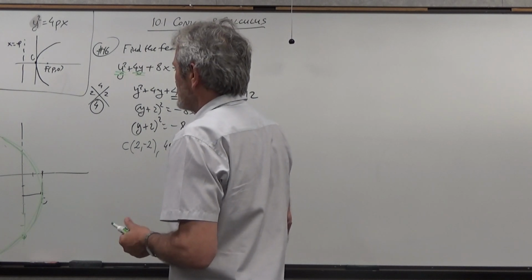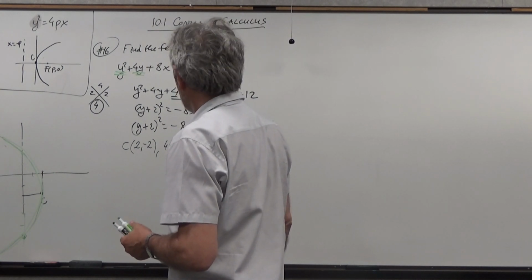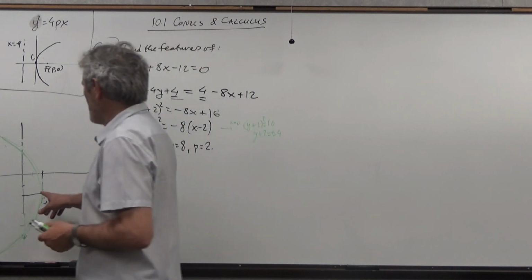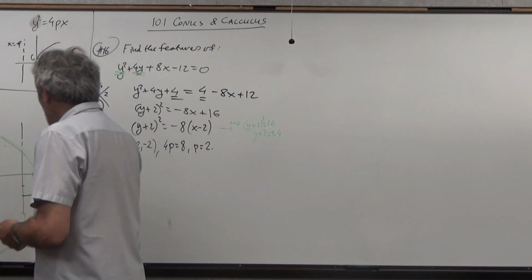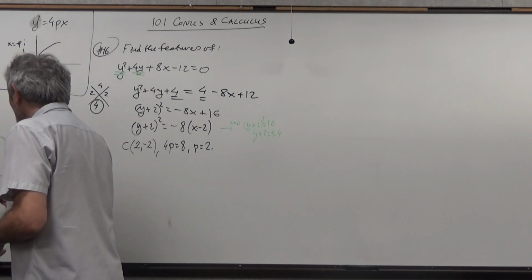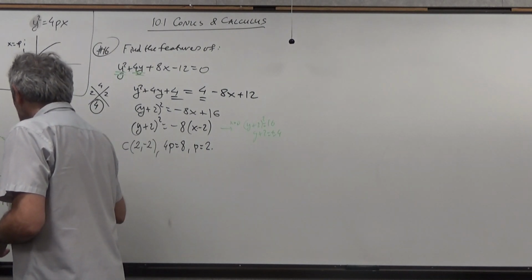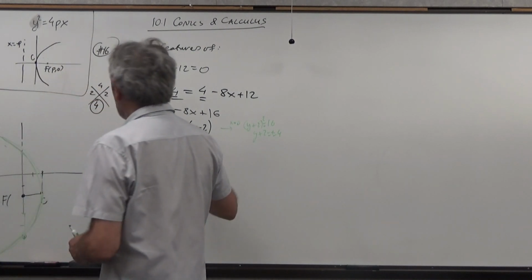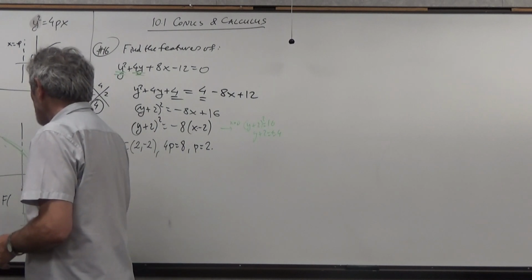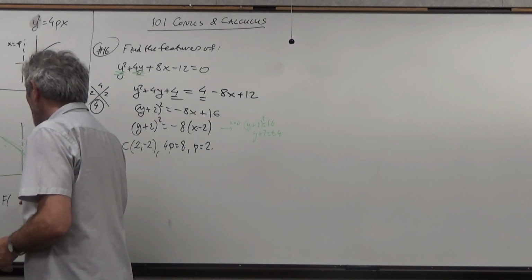I have to report where the focus is. So since p is 2, where is the focus, left or right? Always inside the parabola. So obviously focus is here, so no memorizing the formula. This was 2 right, so this is 0. I went 2 left. So to get the focus, go inside, which is 2 left. So this is the point, x is 0.